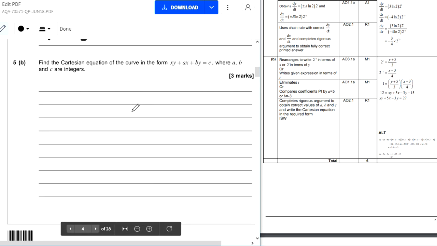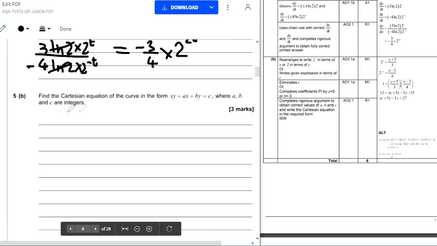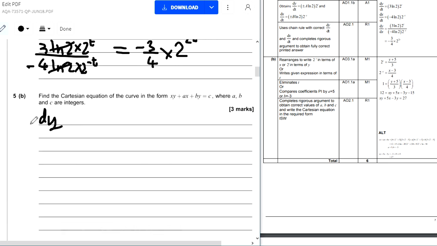Next part of the question, to find the Cartesian equation of the curve in that form. So now you've got this equation, which is the standard Cartesian form. In case you don't know what Cartesian means, it's like in terms of x and y, usually.